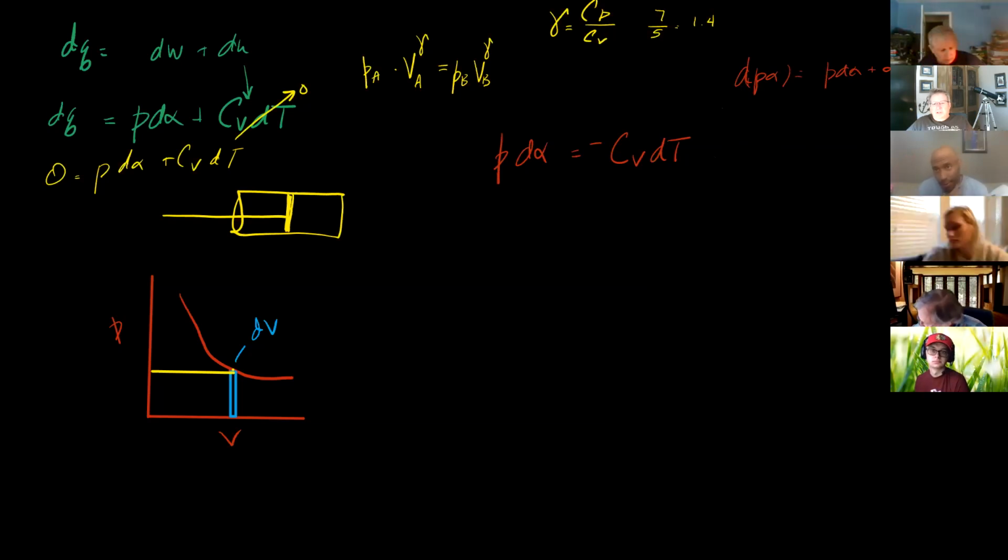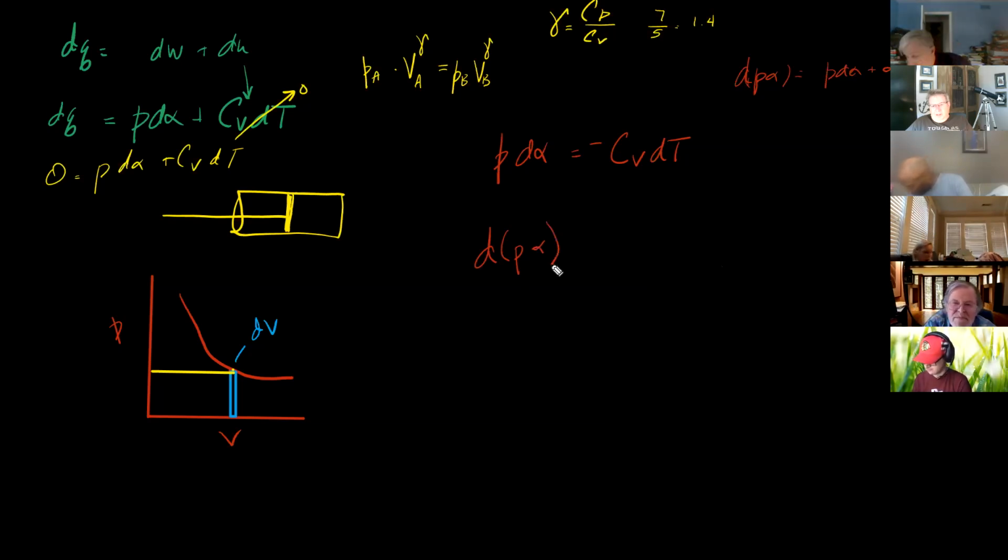So P d alpha is going to be equal to the change in the pressure times alpha minus alpha times dP. And then I'm just going to do this.